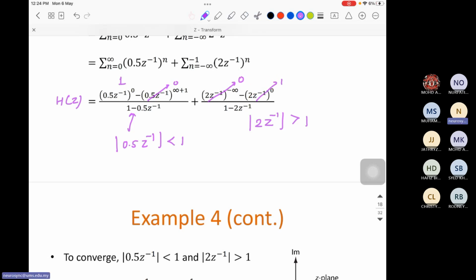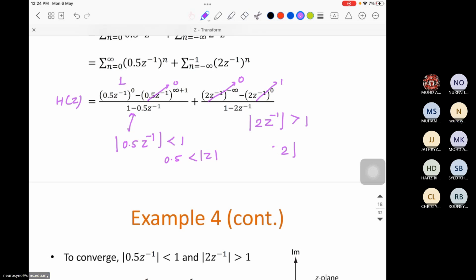Now I will say, if the mod of z is greater than 0.5, then this will converge.